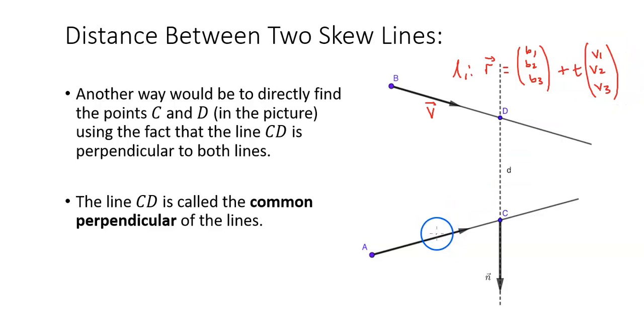And then let's suppose that L2 has equation r equals (A1, A2, A3), so that's the vector OA, plus, let's use a different letter, s times, and then let's call this vector u, so (u1, u2, u3).